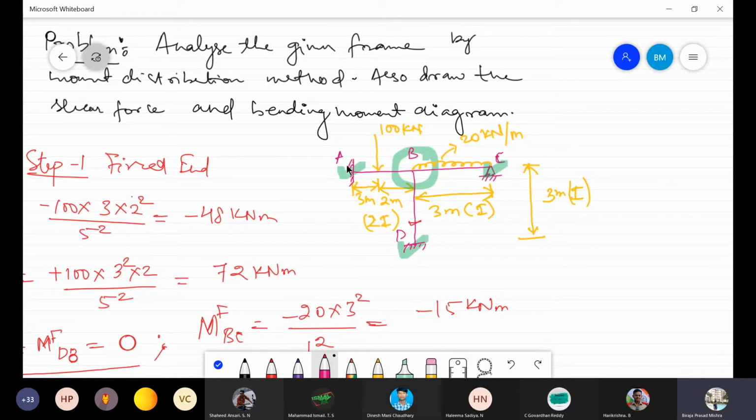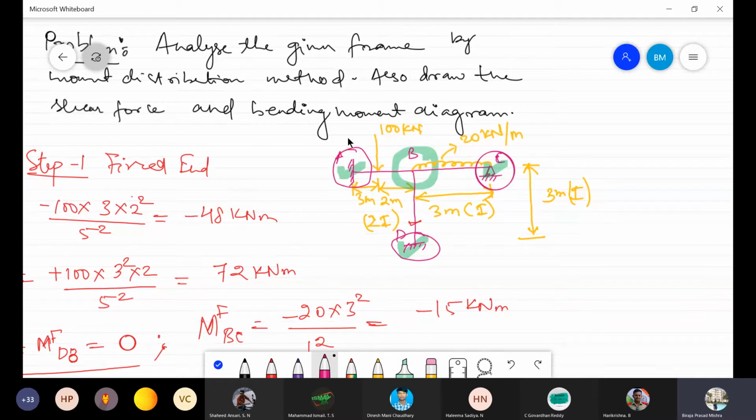Okay, now this joint B. If we take joint B, joint A is fixed, joint D is fixed, and joint C is hinged.